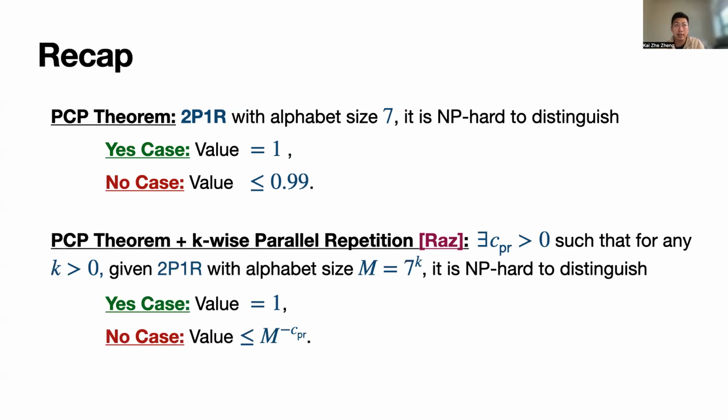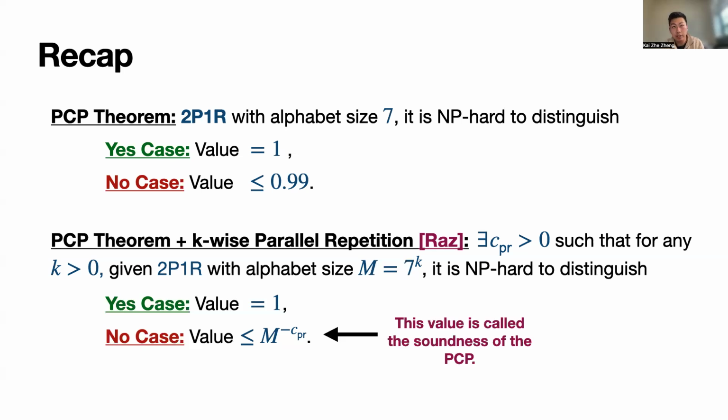We then saw that the gap between the yes and the no cases could be amplified. Formally, there's some constant greater than 0, such that for any k, a two-prover one-round game of alphabet size 7 to the k is NP-hard to distinguish between the case where its value is 1 or its value is at most m to this small negative constant power.